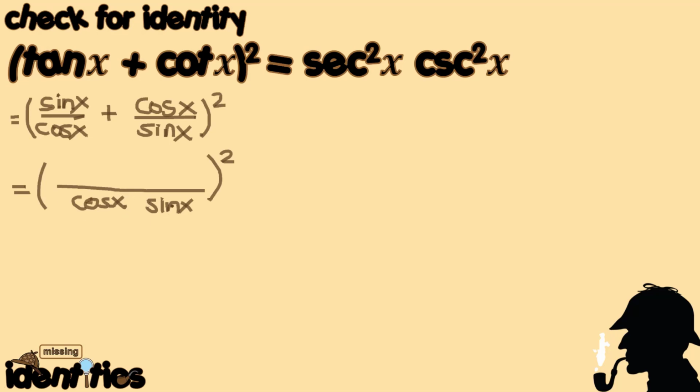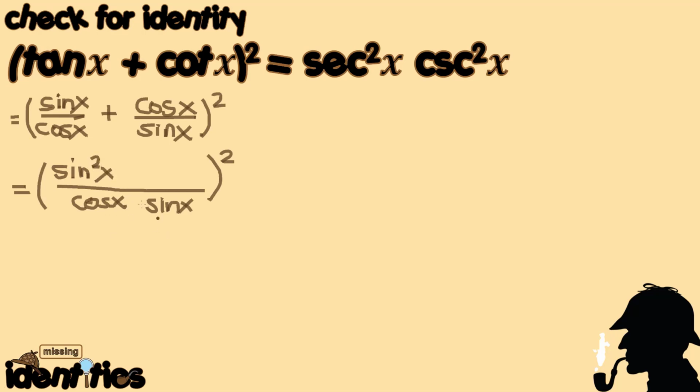If you're going to come up with equivalent fractions, you divide this LCD by each of the denominators. Cosine x times sine x divided by this, so you'll be removing that. You will have sine x left to be multiplied to your numerator. So sine x times sine x, you'll have the square of sine x.